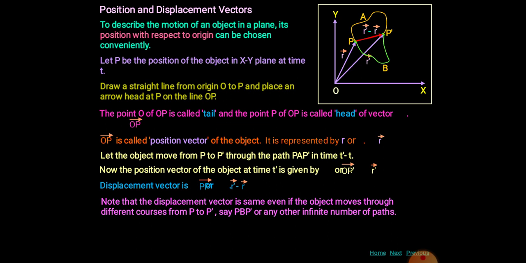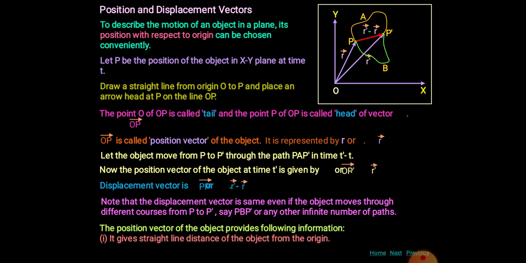So the displacement is PP dash, and we can write it as R dash vector minus R vector. The position vector of the object provides some information. The first is that it gives the straight line distance of the object from the origin. In the figure, OP is the position vector, and it gives the straight line distance of the object from the origin.